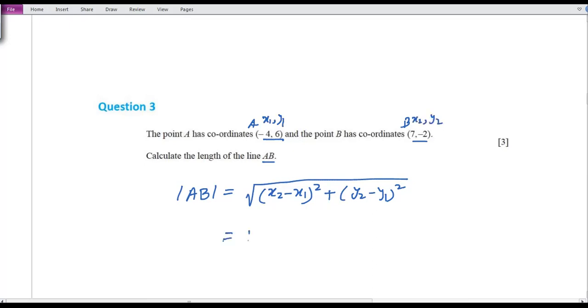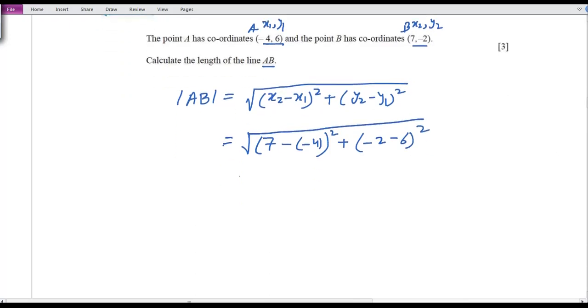So what will this become? What is x2? x2 is 7 minus x1. x1 is minus 4, its square, plus y2. What is y2? Minus 2 minus y1. y1 is 6, its square. So that will become 7 minus minus, and minus will become plus, 4 squared, plus minus 2 minus 6 will become minus 8 squared.